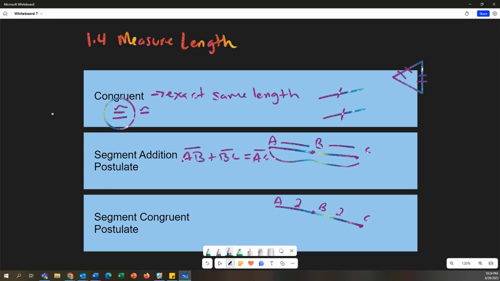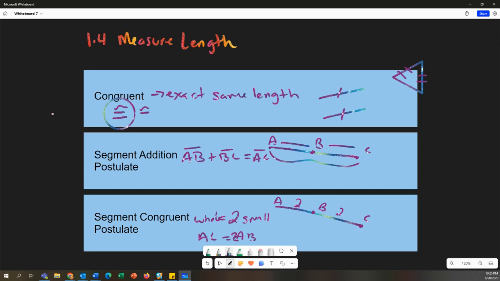So really, the whole length would equal 2 times each of the smalls. Or if you want to say the whole thing equals 2 times AB, you can. I'm actually going to change this to whole. So the whole equals 2 times the two pieces.